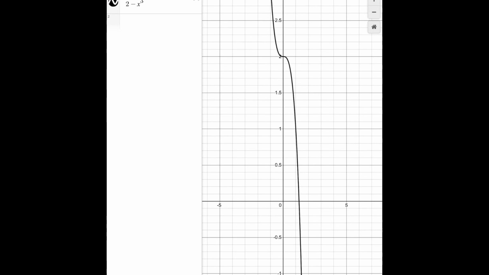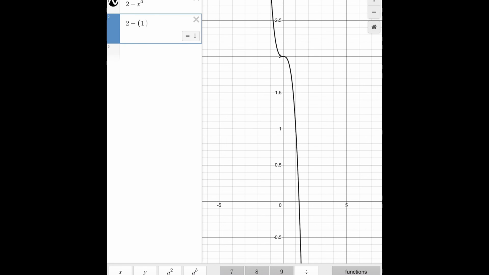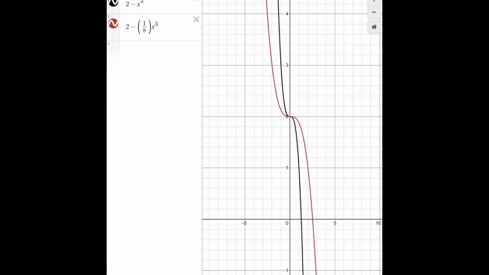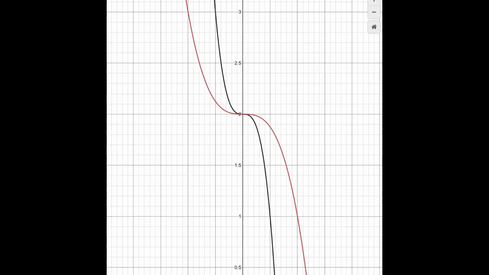If I type that into my calculator, here's my original problem, but I horizontally shrunk it by 1/2. That's what my graph would look like. That's an example of a horizontal shrink.